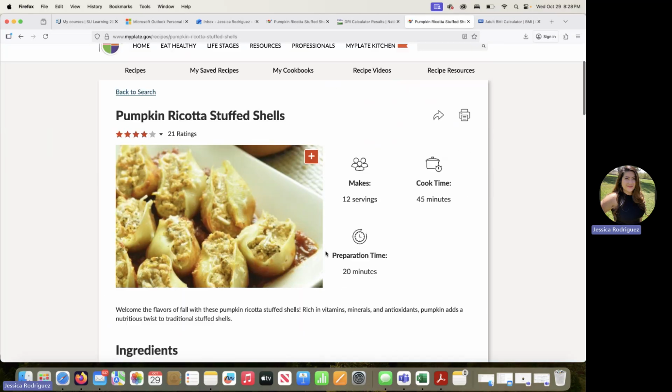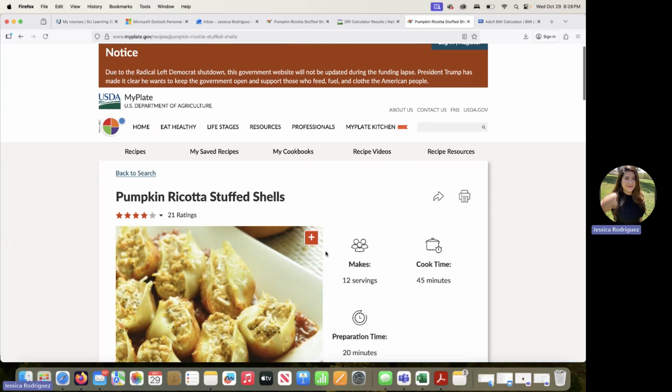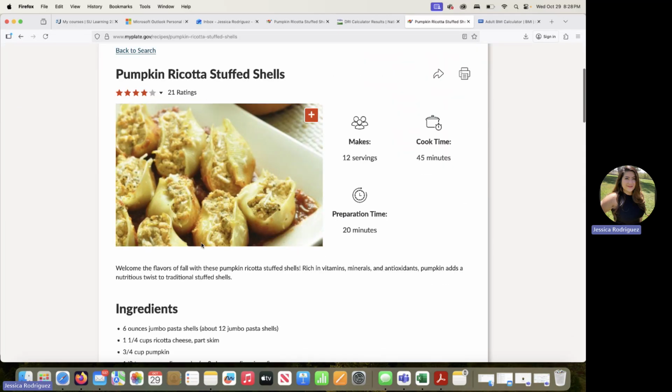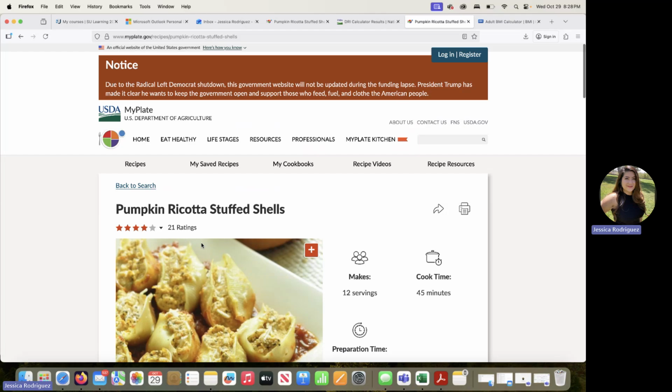I'm going to go ahead and click on that. Right now, the recipe of the month looks amazing. This is pumpkin ricotta stuffed shells. They do share recipes, videos, cookbooks. You can save recipes if you want to. You can definitely create an account with them. And I believe they also have an app.